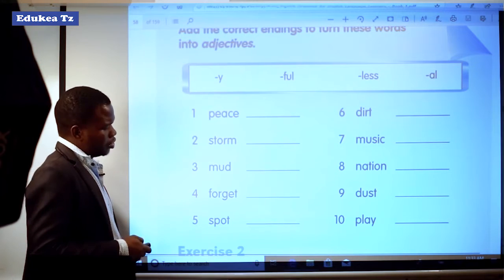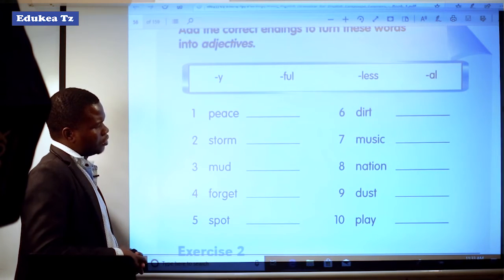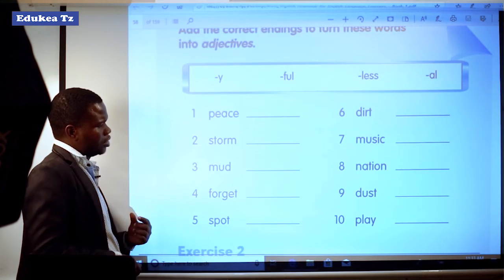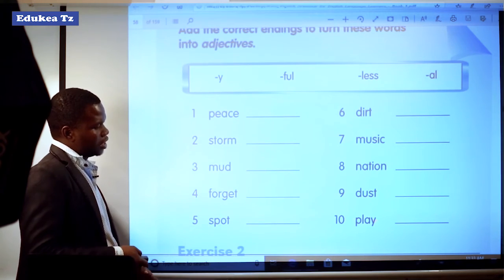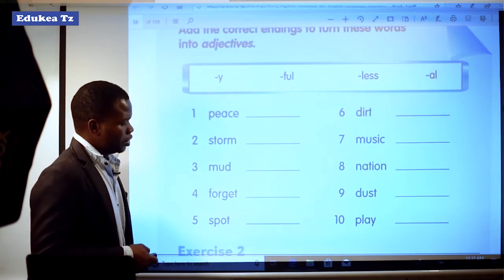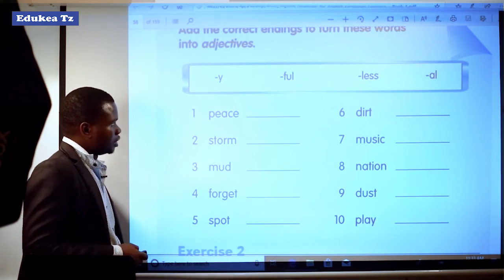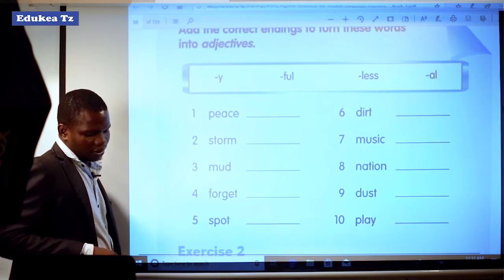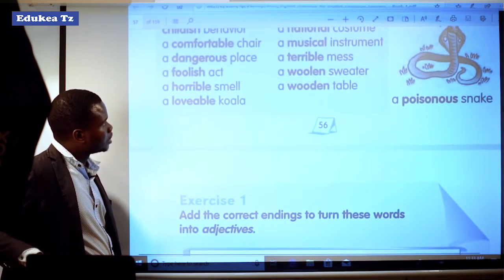For example, we have the word play, but when we add those endings, we get an adjective. That is to say, we change the word class from verb into adjective. Nation, music, date, peace, storm, mud, forget, sport. So we have to consider this also when we are studying adjectives.